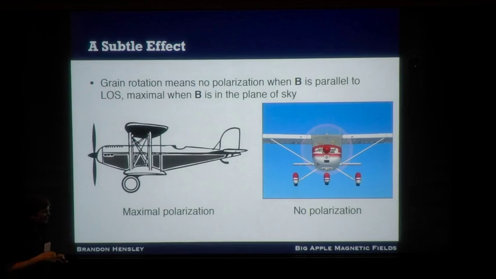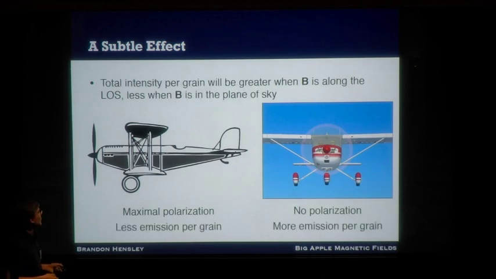This orientation, maximal polarization. But if you think about it, this exact same mechanism will also cause a signal in the total intensity emitted by the dust grain, so total I, right? In this case, you're looking at a short axis and a time average of two long axes.